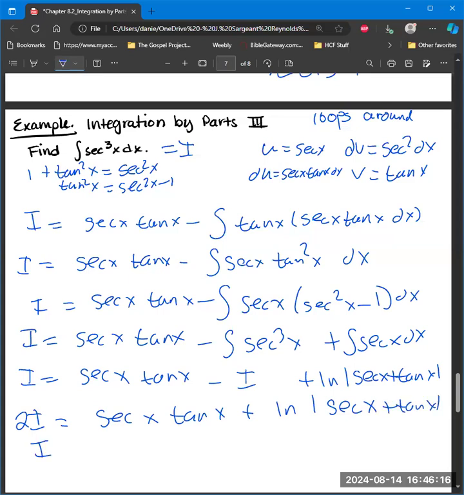So I, which is my original integral, secant cubed, is equal to 1/2 secant x tangent x plus 1/2 ln of the absolute value of secant x plus tangent x. And don't forget your constant of integration c on the end of that.